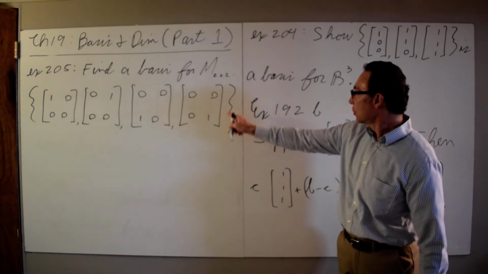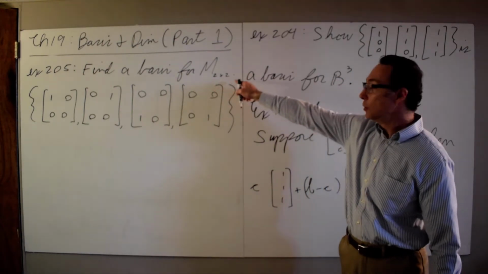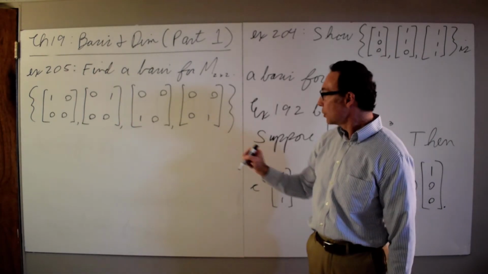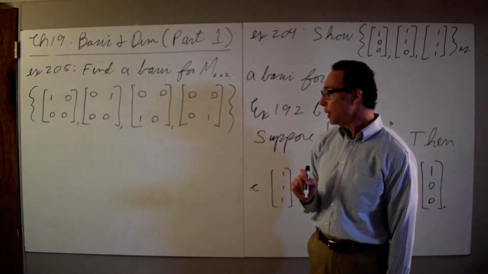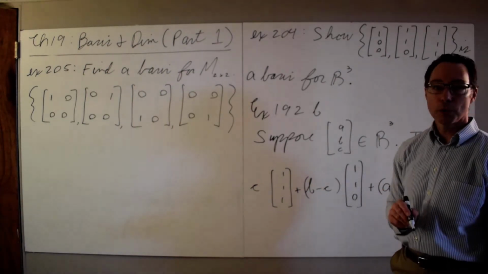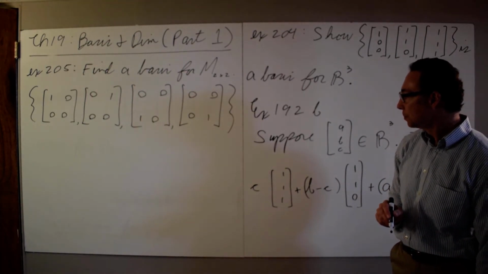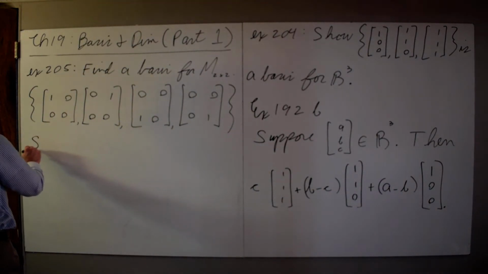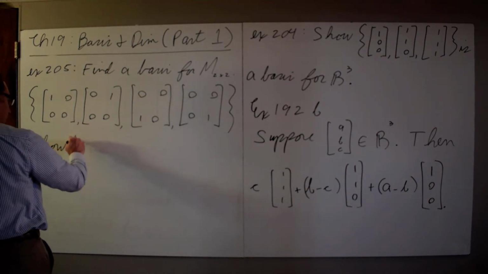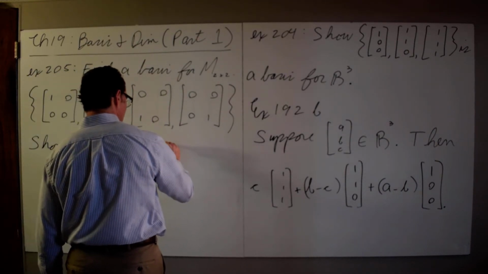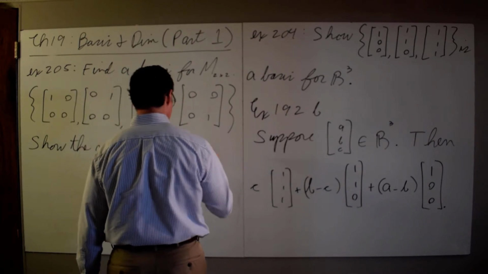Remember, these are vectors in the space M 2 by 2. If we're going to claim that this is a basis for this vector space, what do we have to do? We have to prove that it's linearly independent, and we have to prove that it's a spanning set. So first of all, let's show the set is linearly independent.